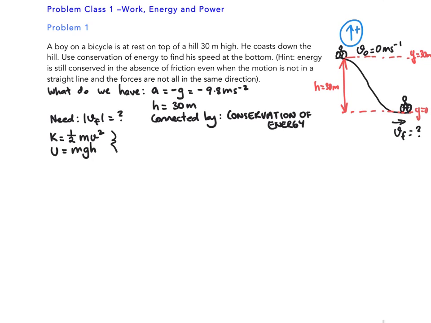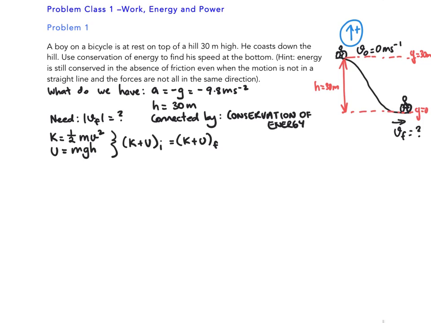Our conservation of mechanical energy equation states that the kinetic energy plus the potential energy initially equals the kinetic energy plus the potential energy final. There's no losses due to friction.